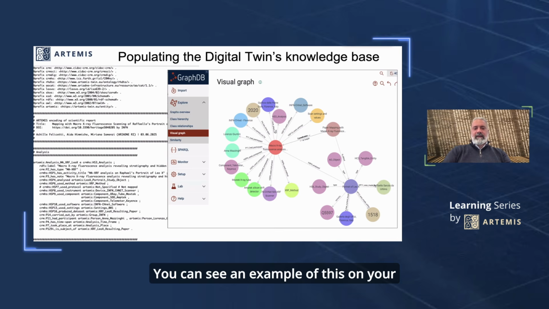You can see an example of this on your left-hand side, and represent it as a knowledge graph on your right-hand side, showing the different entities, their characteristics, and the relationships that link them, just as you can see here, in order to implement this complex knowledge graph.